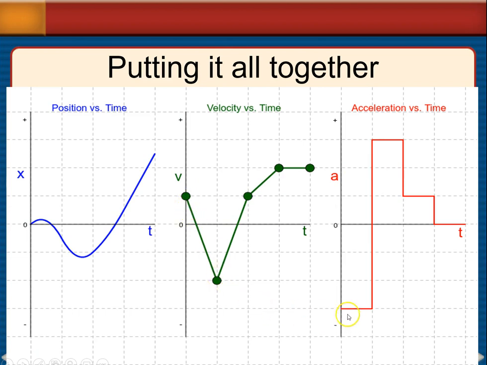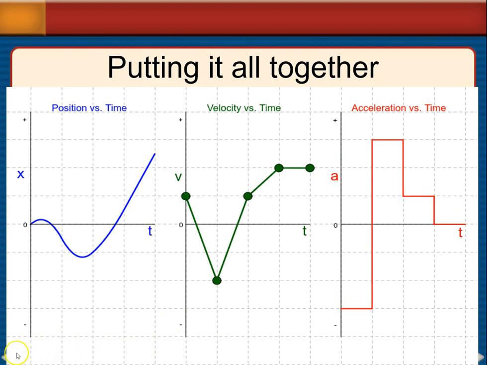So this slope is negative, it's going downwards, so we have a negative acceleration. This part is a positive acceleration, about the same as the negative on this first part, so it just jumps up here. This part, we have a constant positive acceleration. And this part, we have a flat line, no change in velocity, no acceleration.